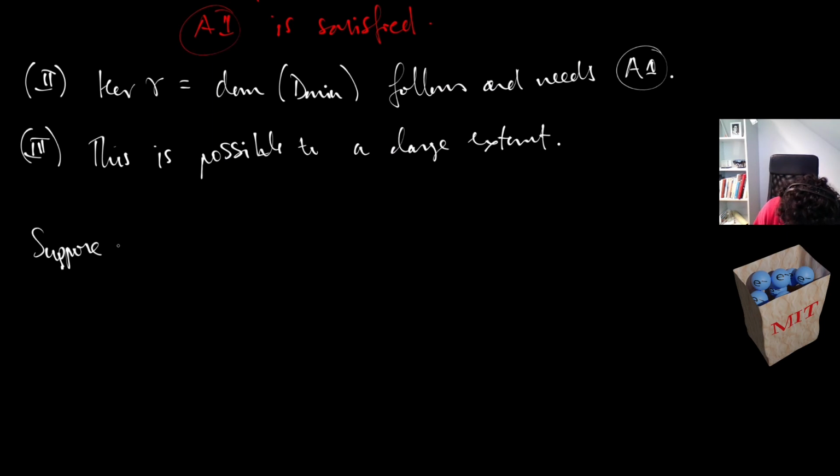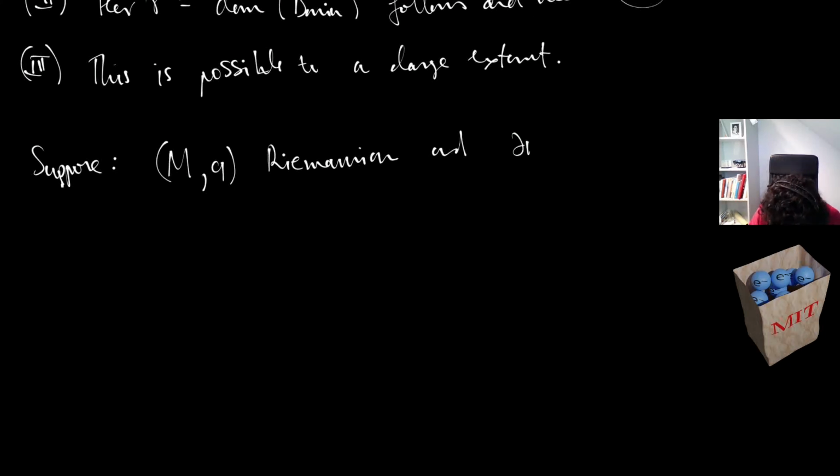This is an important theorem just to understand what this density really means, right? Suppose that Mg is Riemannian, and the boundary of M is empty.